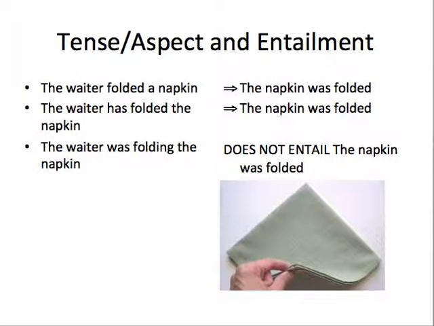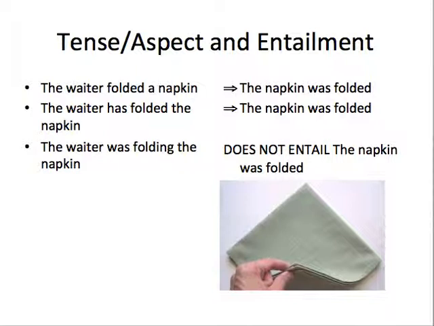Notice with that second one, the choice of the perfect aspect is because we want to express some element of the aftermath, the effect of the aftermath. It may be something which is new to the person who's being informed. Is everything ready for dinner? Yeah, the waiter's folded the napkins, the tables have been set, etc.